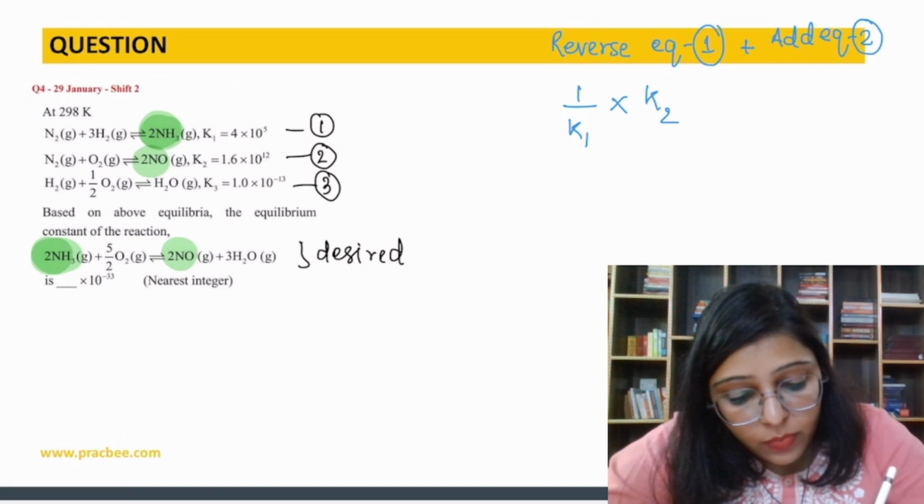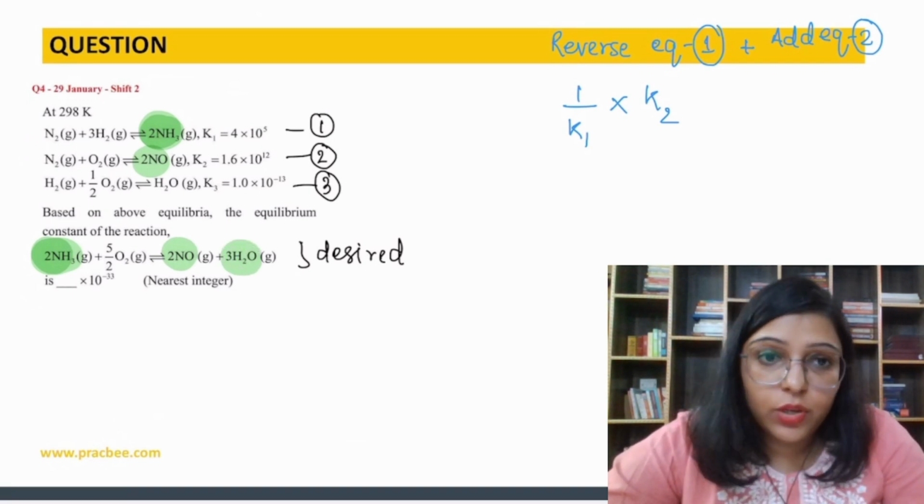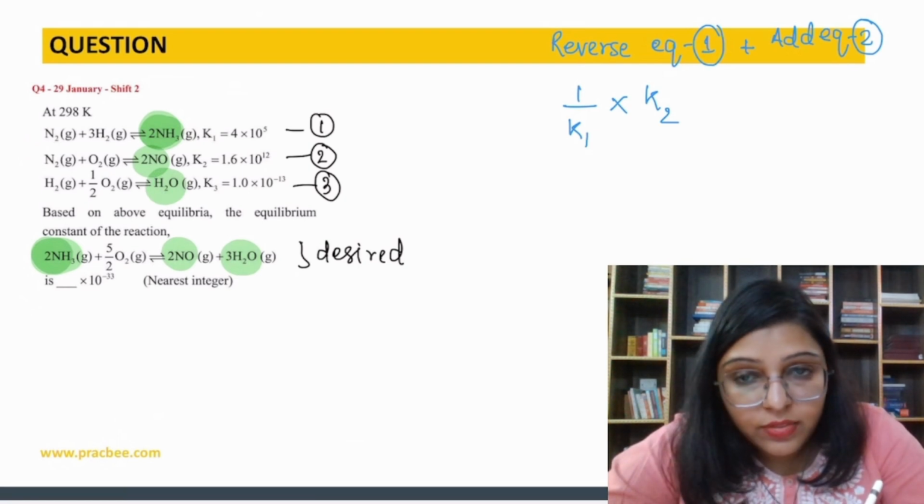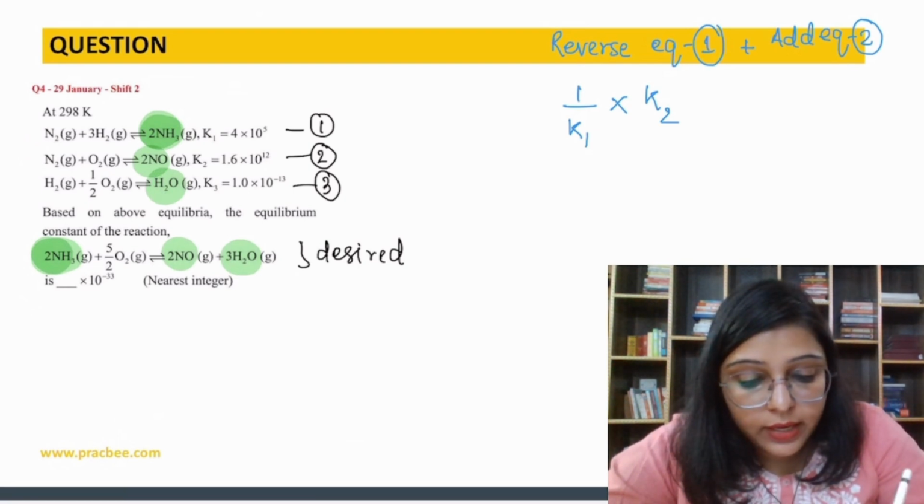Next, we need 3 water molecules on right hand side. In the third equation, we have water on right hand side, but we have to multiply, right?